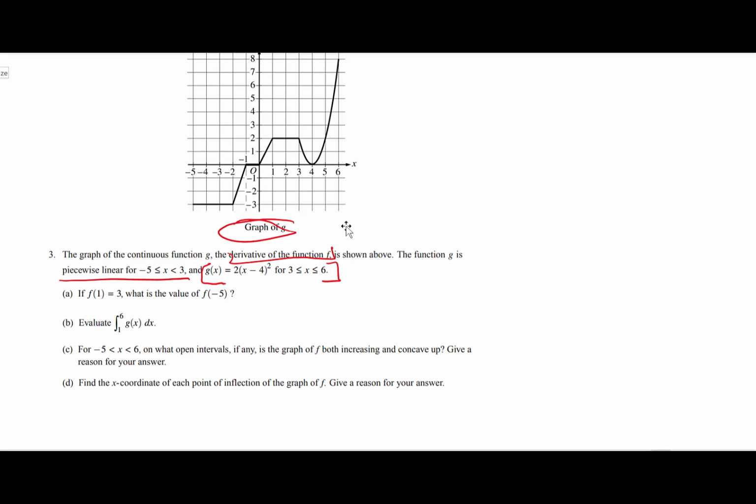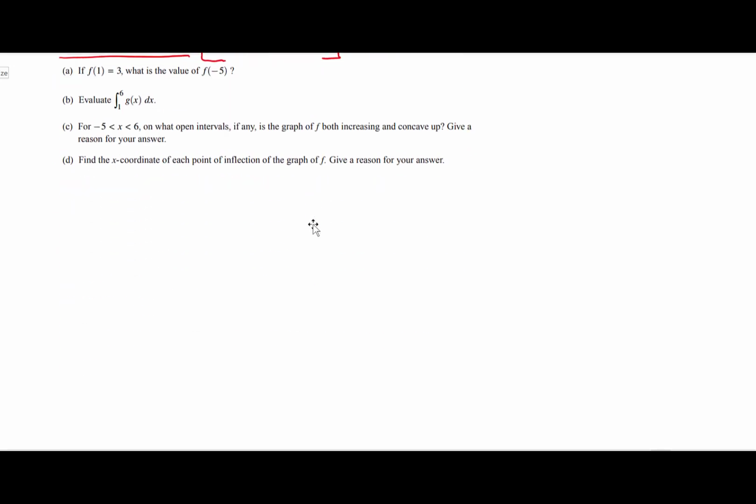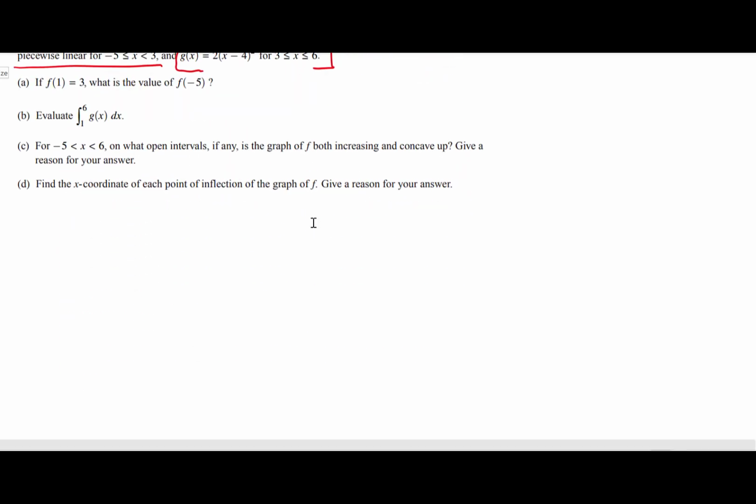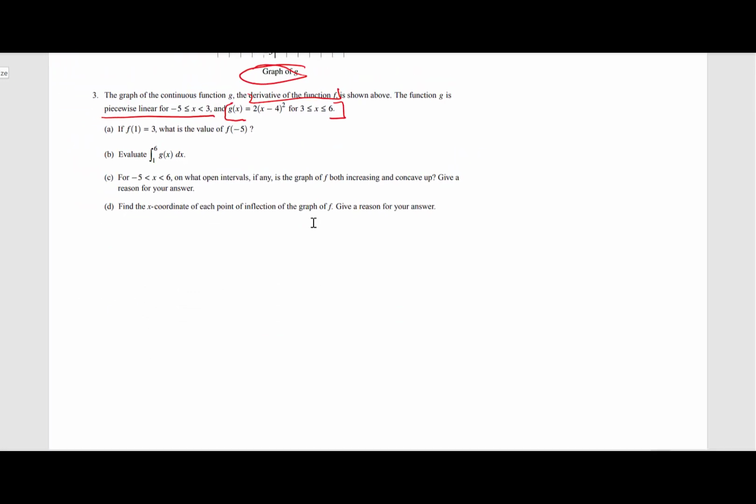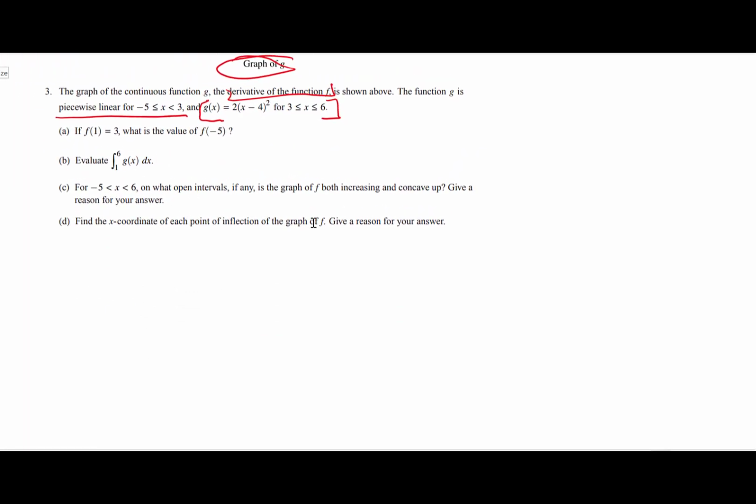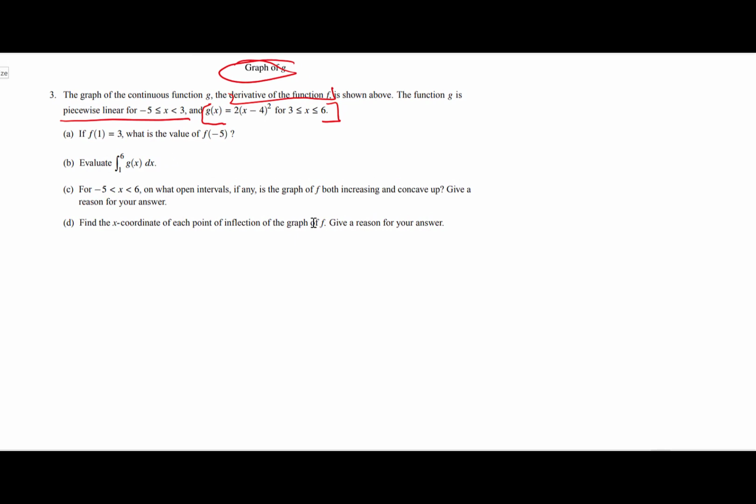So that means that we are going to need to integrate this. So for A, we are going to do f of -5 is equal to f of 1 plus the integral from 1 to -5 of g of x dx.